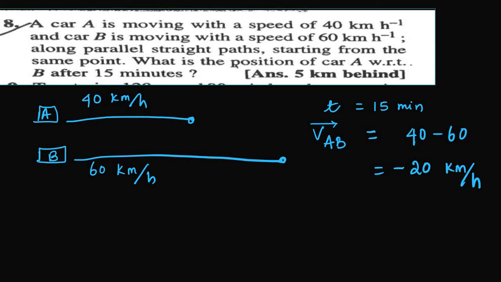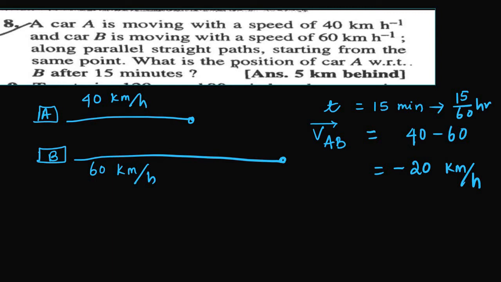Now as the time has been given here as 15 minutes, I can convert it to hours. So 15 minutes will be simply 15 by 60 hour, to keep the same unit. So that would tell me how far car A will be left behind after 15 minutes.